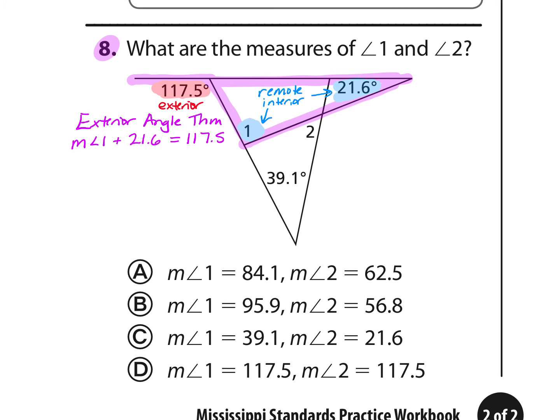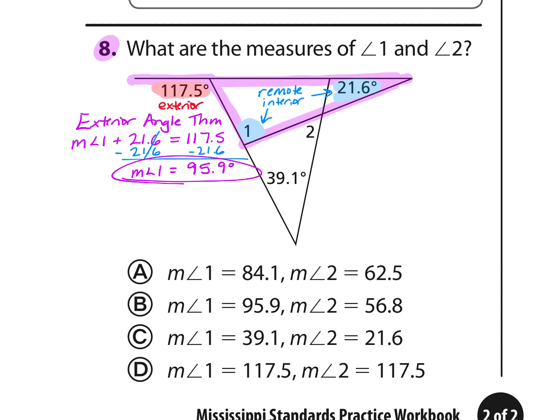Since these are the two interior angles that are far away from it, we can plug them into this theorem. And now we just solve. We'll subtract 21.6 from both sides, and we get that the measure of angle 1 is 95.9 degrees.